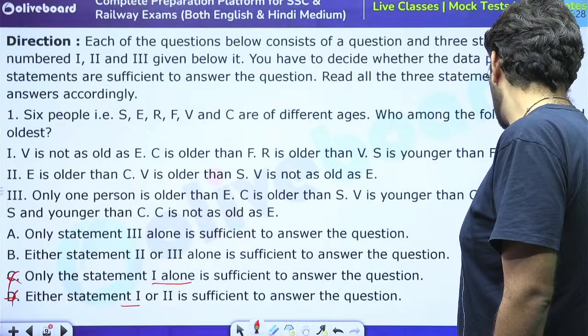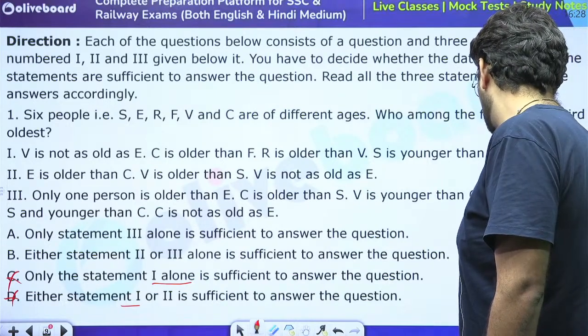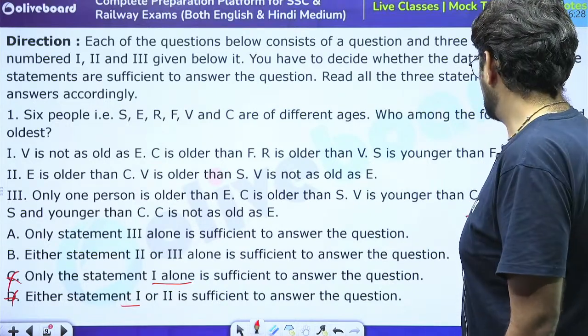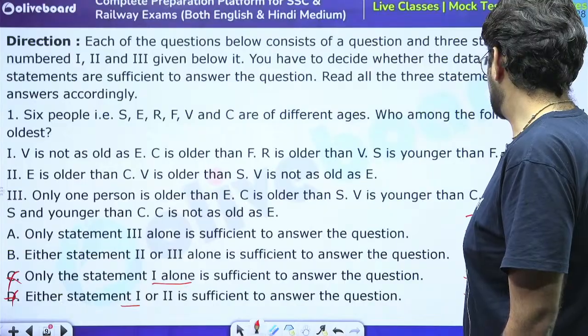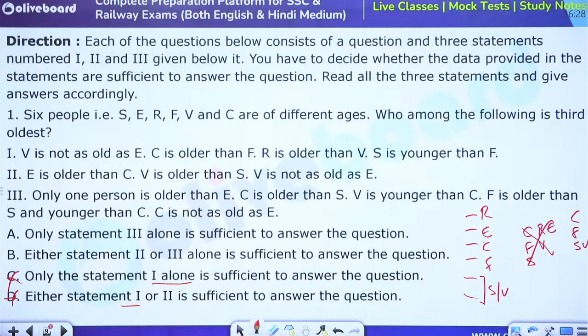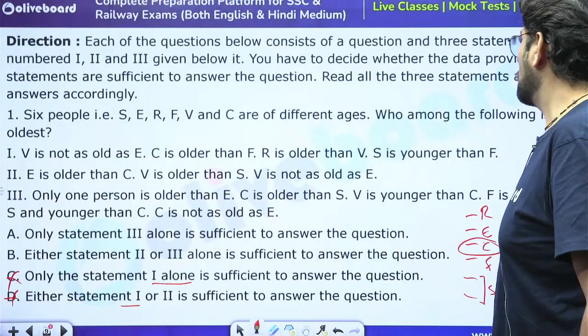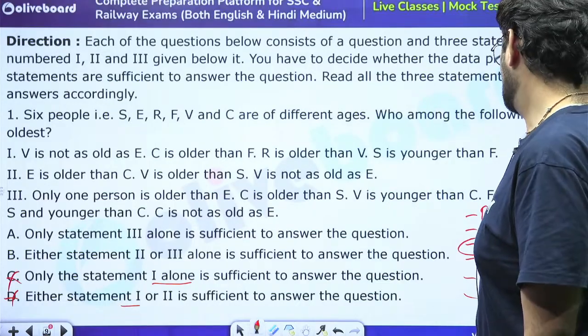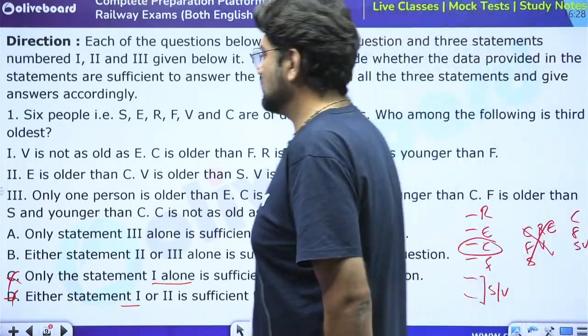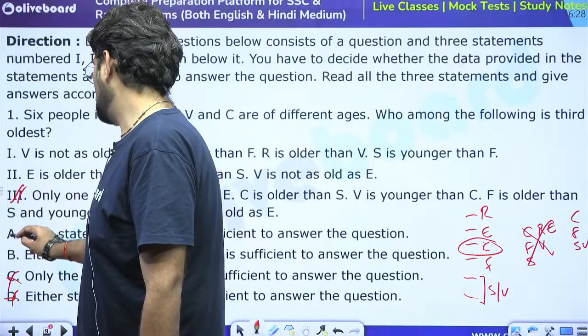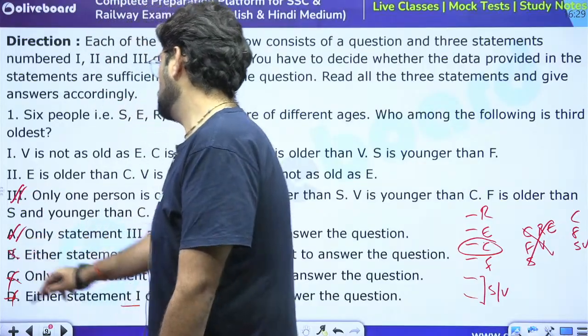So it will be C, F, S and V will be here somewhere. And the oldest guy is R. This is the confirmed arrangement with 3 alone. So you can tell who is the third oldest, right? Yeah. So it is C. I don't need the answer, but 3 alone has helped me get the answer. So option A is the right.